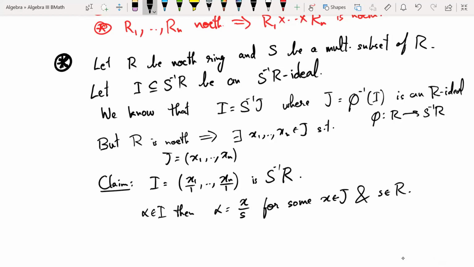But x in J implies that we can write it as some R-linear combination of x1 to xn.